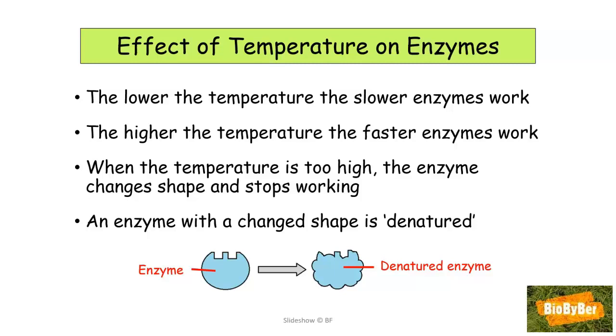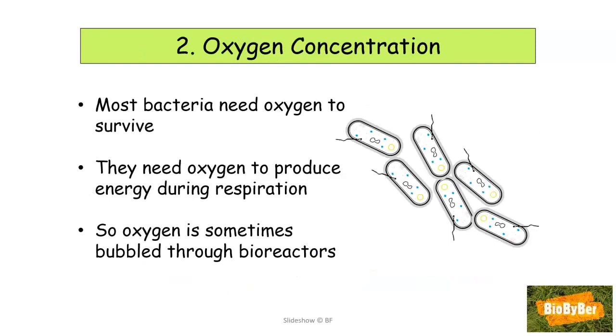The second factor that affects the growth of bacteria is oxygen concentration. Most bacteria need oxygen to survive. These are aerobic bacteria. They need the oxygen to produce energy during respiration. The energy is usually produced in the form of a chemical called ATP.